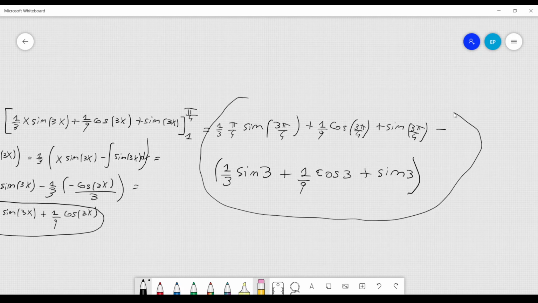You can try to write it better, and you can work it out with more detail, because the sine of 3 pi over 4, what is 3 pi over 4? It is pi minus pi over 4.